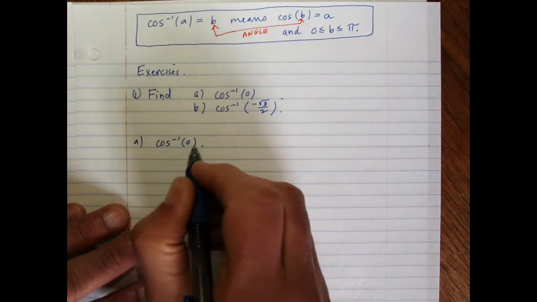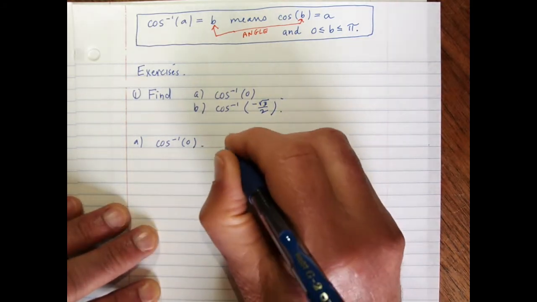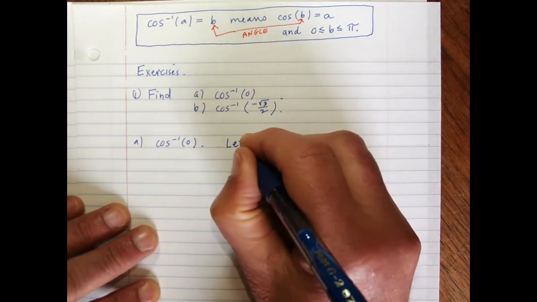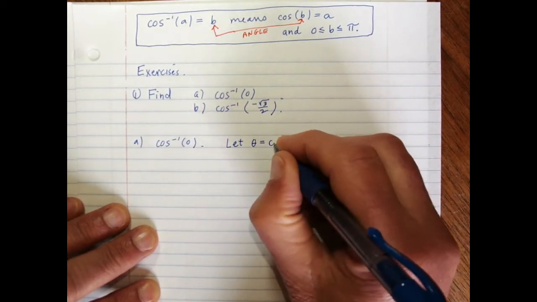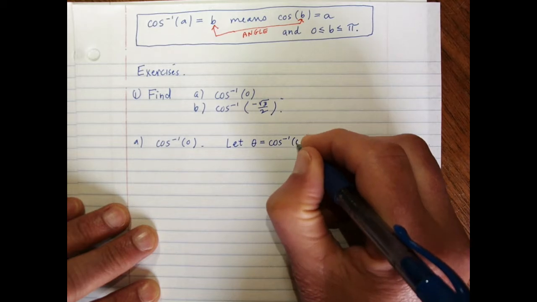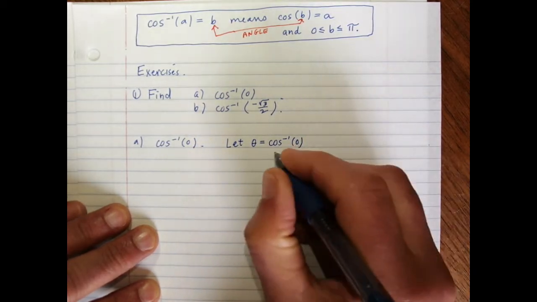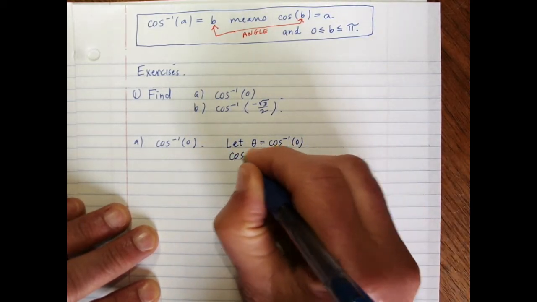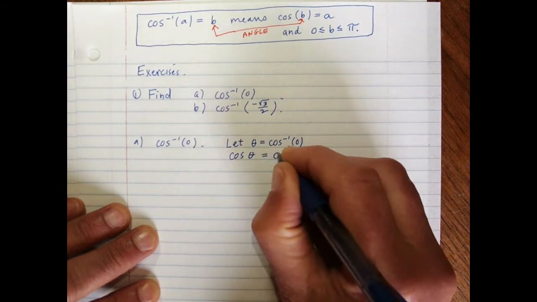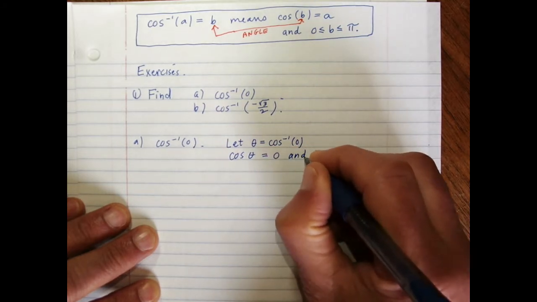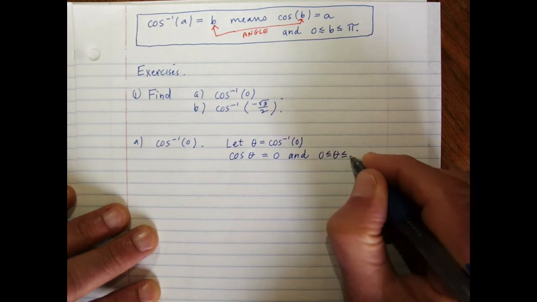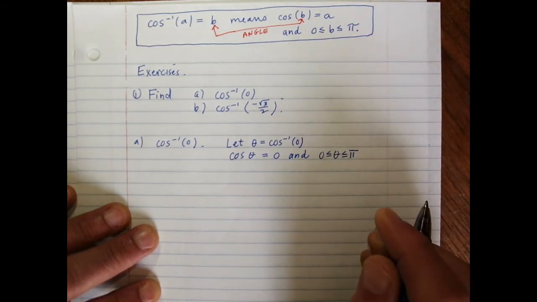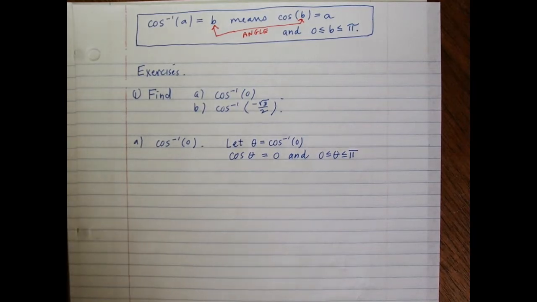I can work on it by letting theta equal cosine inverse of 0. Then I can rewrite this as cosine theta is equal to 0, and theta has to be in that restricted interval from 0 to pi. So the question is, what is theta?